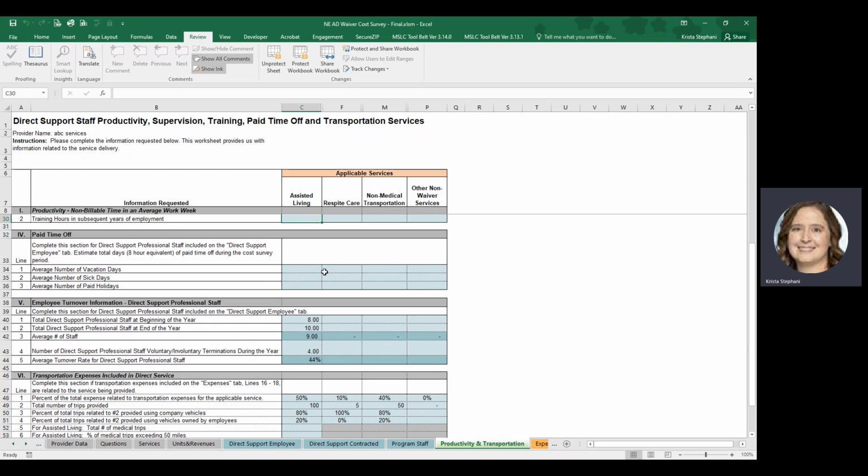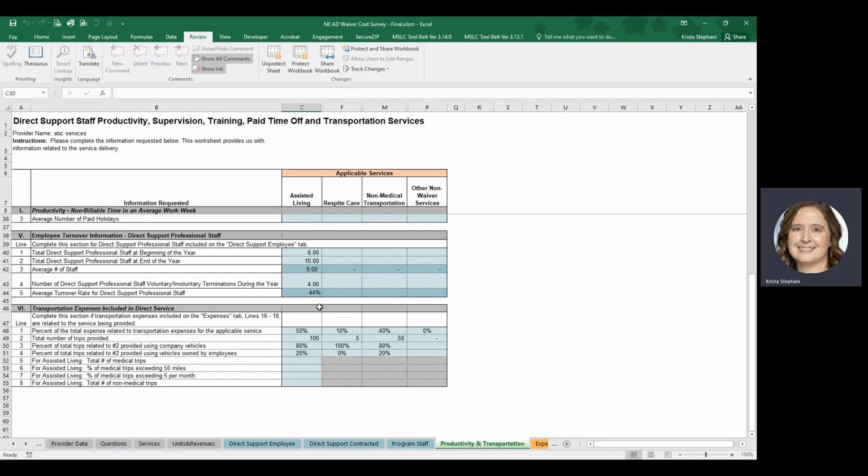And therefore, there's an extra expense incurred to cover shifts for individuals when they're away on vacation, sick, or holiday. So what we are asking you to populate here is, on average, what are the number of vacation, sick, and paid holidays based on an 8-hour equivalent day that you provide for your direct support professionals?